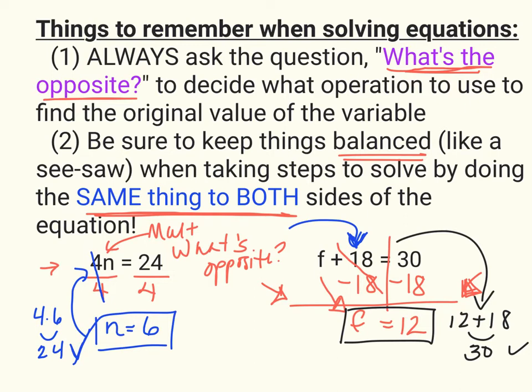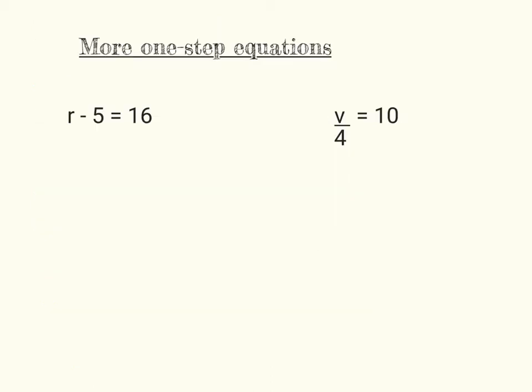So, next thing, let's see what we have. Some more examples, some more one-step equations, so we cover all the different types. This says r minus 5 equals 16. Again, I'm going to draw my little seesaw. And I always say, what's the opposite? What's the opposite of minus 5? That, of course, is plus 5, on both sides, to keep my seesaw even.